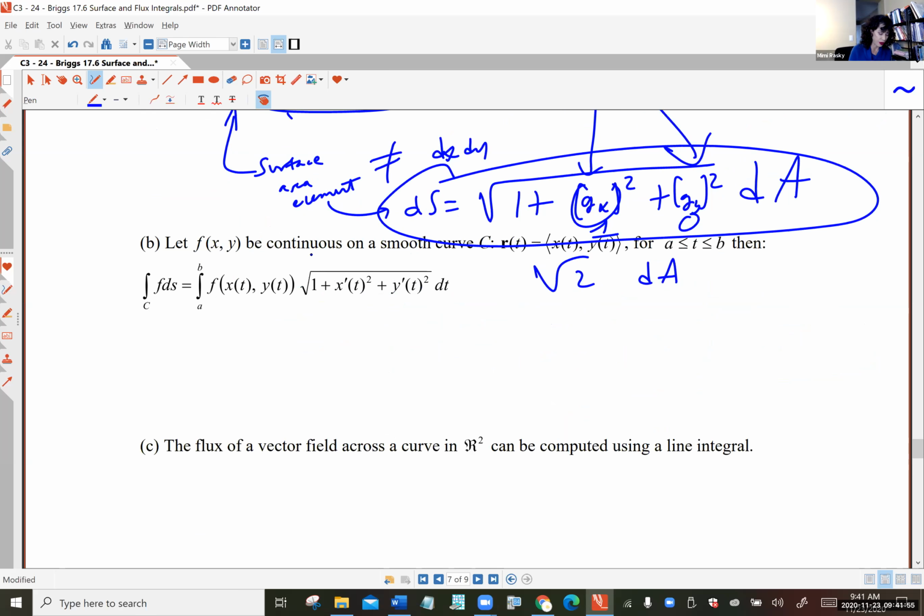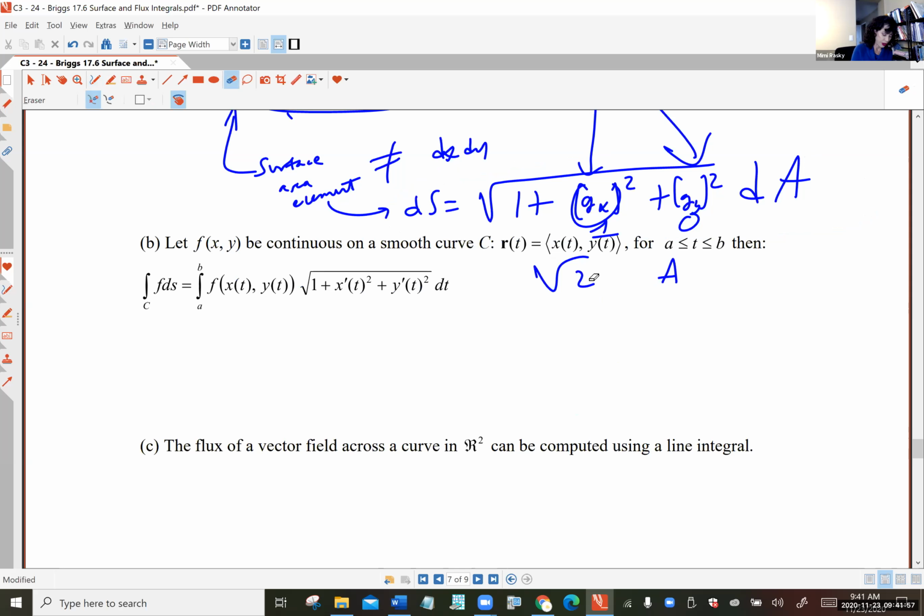Okay, here's another true false. I love these true false. Here, we're looking at a line integral. This is review from the beginning of this chapter. Let's see if you still remember anything about line integrals. f(x, y) is continuous on a smooth curve. Fine. And then you've got your r(t) equal to (x(t), y(t)). That's a curve for time going from a to b.